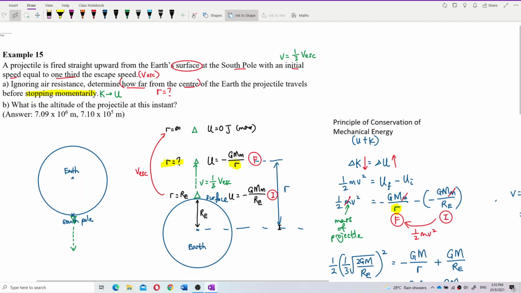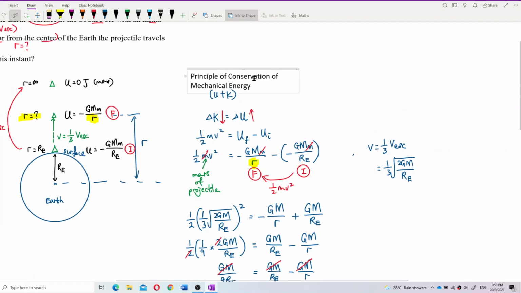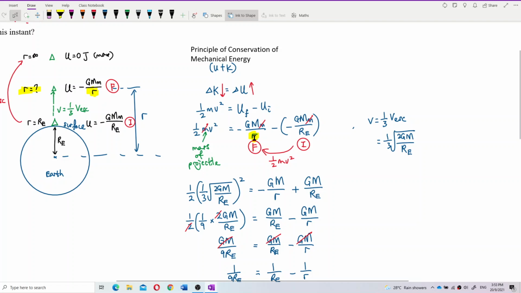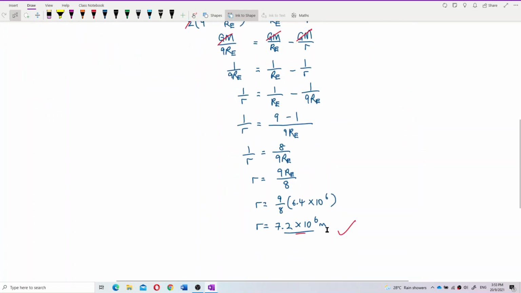This is the r I get using conservation of mechanical energy, finally 7.2 exponent 6 meter.